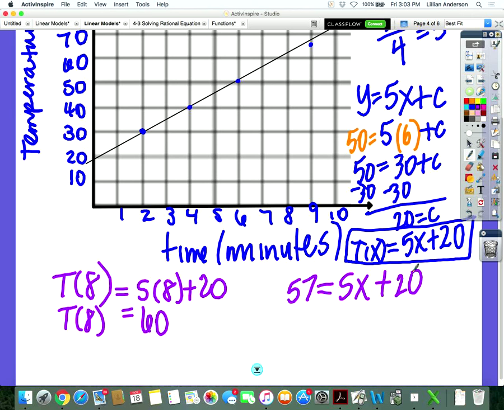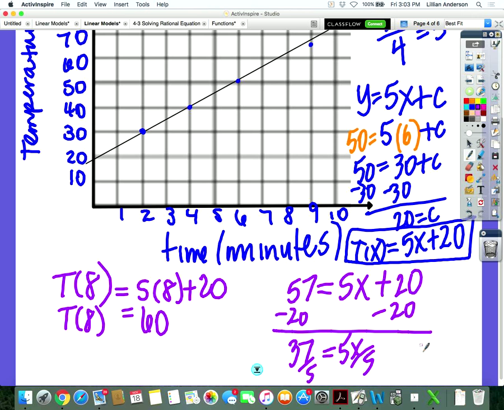How do I do that? Subtract 20, and then divide by 5. So 37 divided by 5 is 7.4. After about 7.4 minutes, my temperature is going to be 57 degrees Celsius.